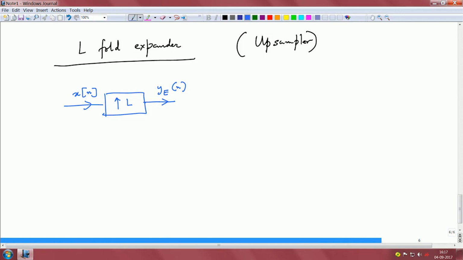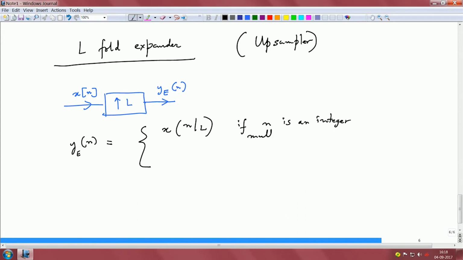Like the decimator, we can go about with a relationship between y_e of n and x of n, and y_e of n is x of n upon L if n is an integer multiple of L and this is 0 otherwise.